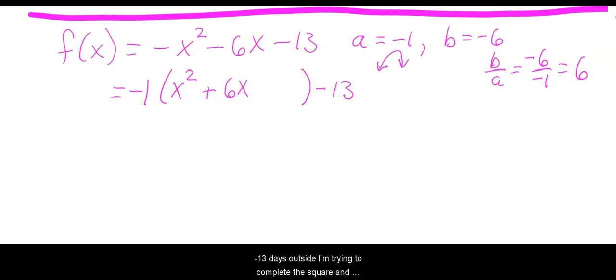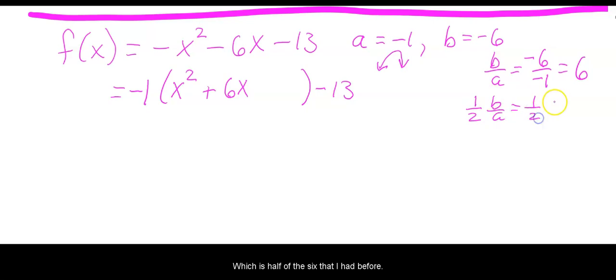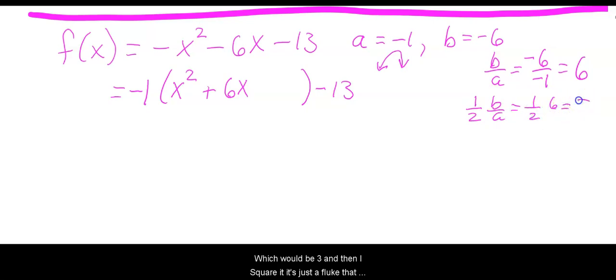I'm trying to complete the square and force it to be a perfect binomial times itself. To find the number that I need to add and subtract on the inside of parentheses, I take half of my b over a, which is half of the 6 that I had before, which would be 3, and then I square it. It's just a fluke that we got the same number twice.